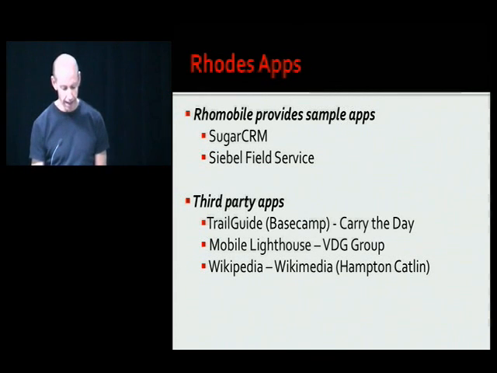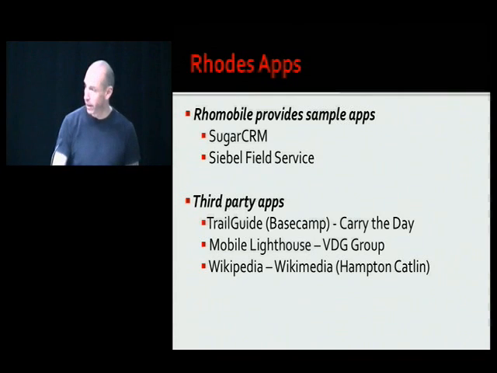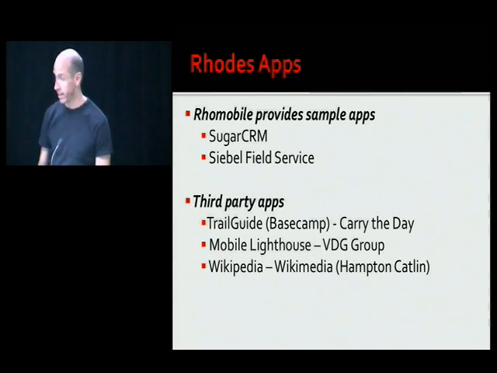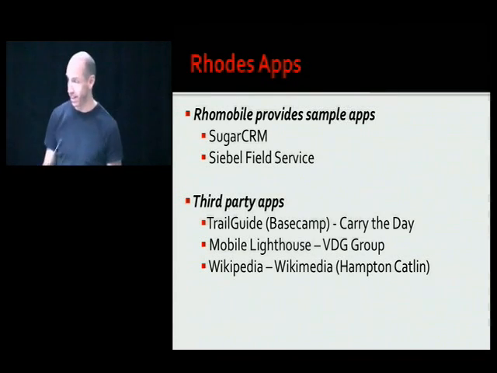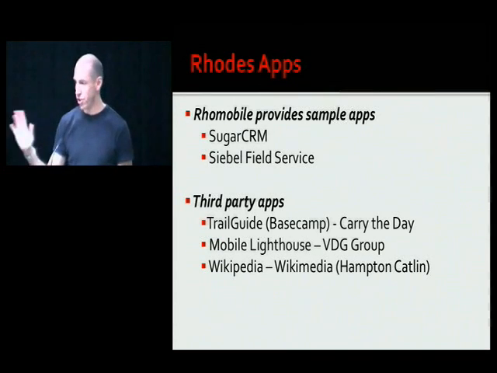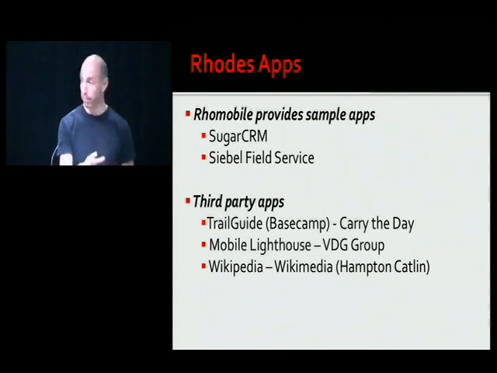Also written with Rhodes. And Hampton Catlin, who is a pretty prominent Ruby developer, wrote Haml, which is a really nice templating system that we don't support. He's actually not suggested that we do. It would be heavier weight. We use generic ERB templates, which is a simpler templating mechanism. But Hampton Catlin had written an entire iPhone app for Wikipedia.